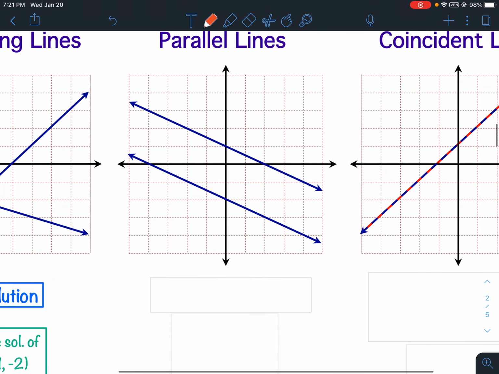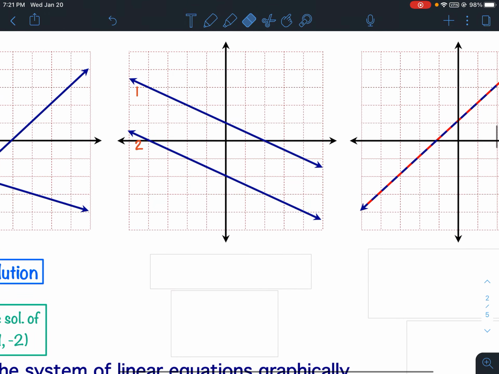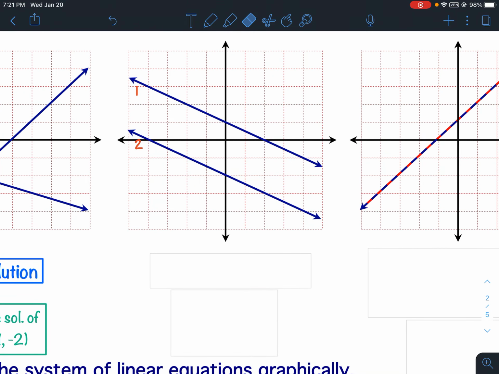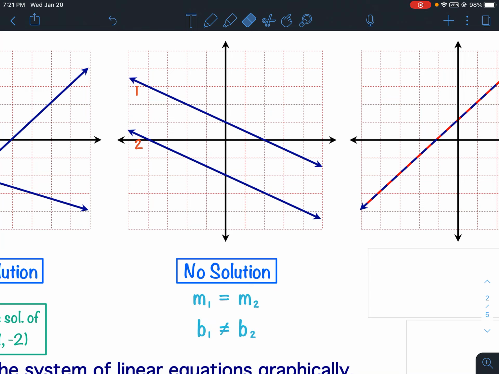This is parallel lines. So let's label this line 1 up here and line 2 down here. These lines never ever intersect, which means they never ever share a point. And if they don't share a point, that means they don't have any common points, and therefore, it's no solution. For parallel lines, your slopes are equal, but your y-intercepts are different, right?